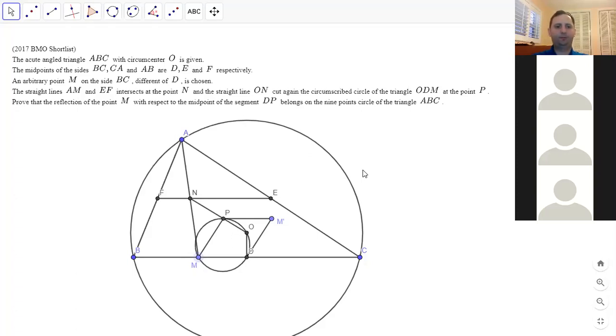This is a cool one. So yeah, we could use angle chase, we could use power of a point. I'm wondering what the best way is.